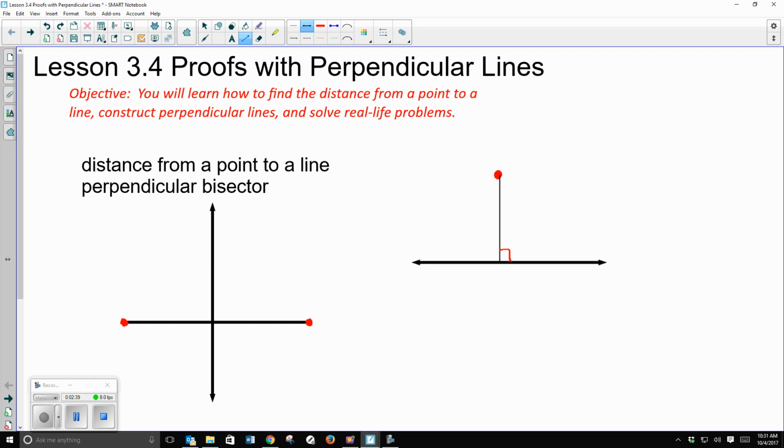Right angle, perpendicularly. Which means that would be 90 degrees. And at the same time, it is cutting that segment into two congruent segments. So it's perpendicular and it bisects that segment. We will be constructing these on Friday.